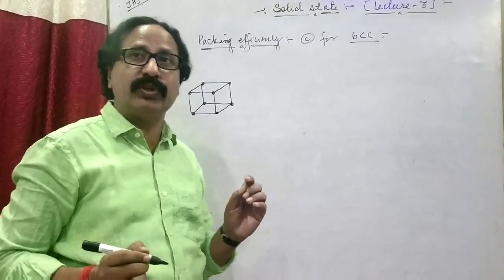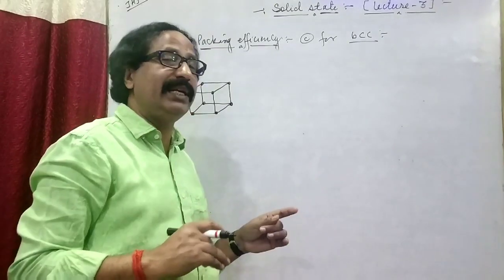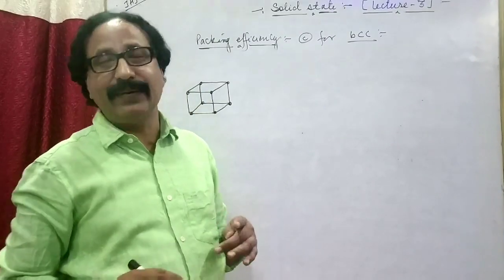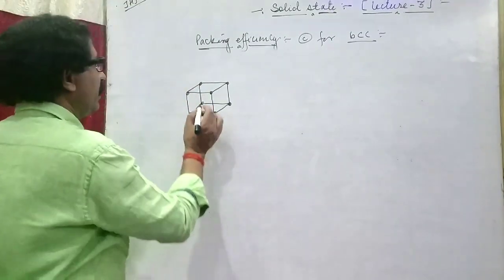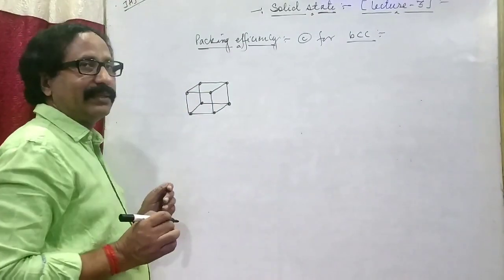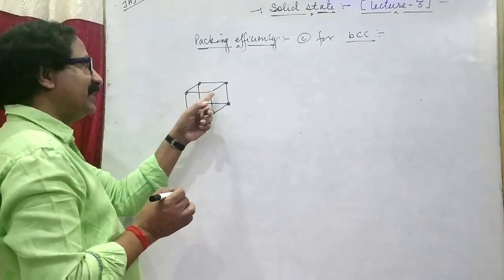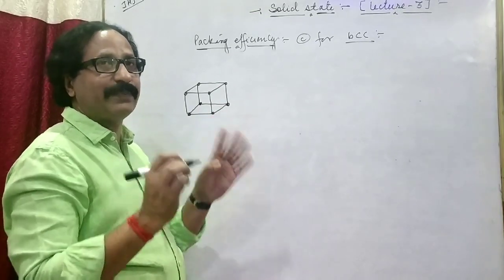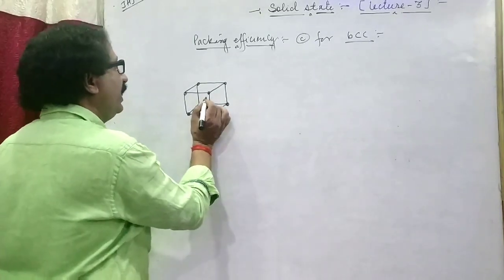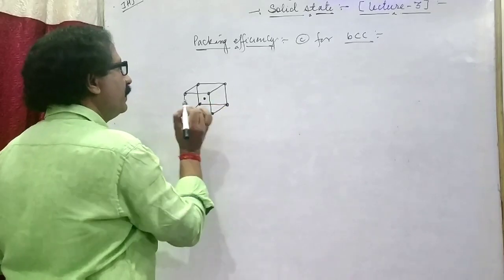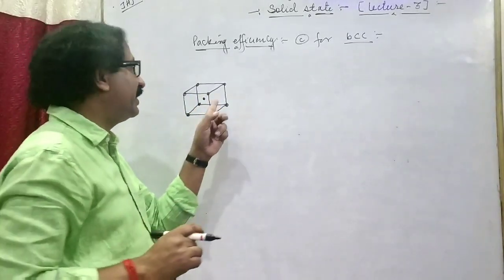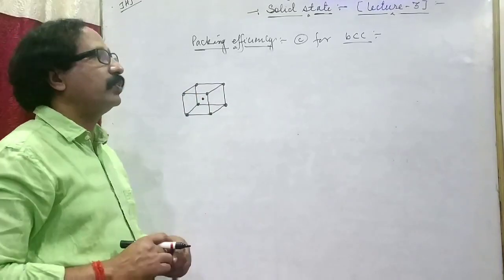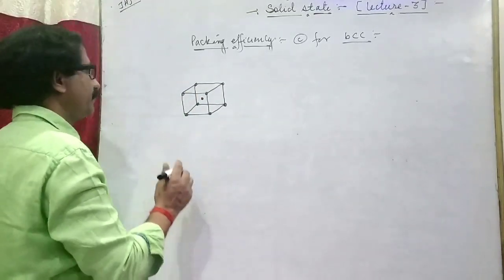It is a big challenge and most important to find the relation between A and R, meaning side length and radius of sphere. As per definition, each corner has one sphere as well as one sphere present at its body center. This is the sphere present at the center of the body of this unit cell. That's why it is known as BCC.